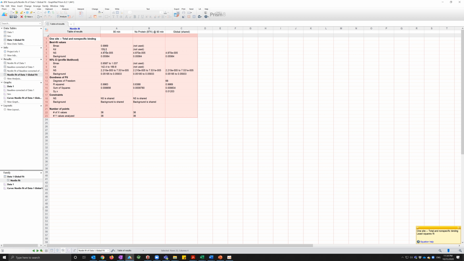For example, here the KD is 155 nanomolar, and the 95% likelihood range is between 142 and 169, so it's only about 10 to 15 nanomolar difference. So it's 155 plus or minus 15, something like that.